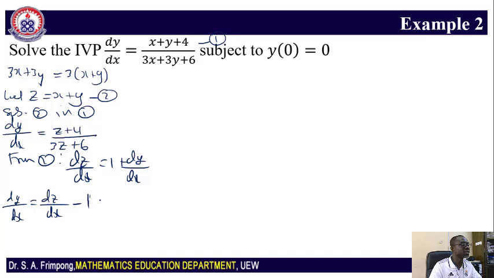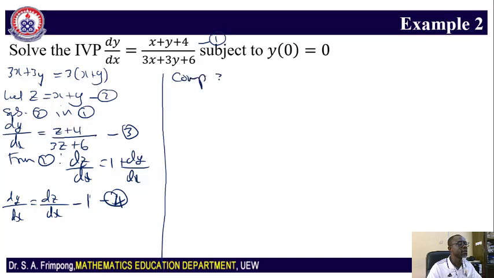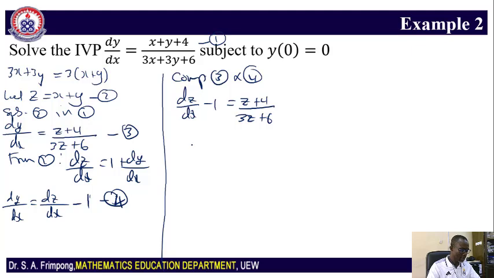Let me call this one 3, and this one 4. If you compare 3 and 4, you have dz/dx minus 1 equal to z plus 4 over 3z plus 6. If you simplify, you are going to get dz/dx to be equal to 4z plus 10 all over 3z plus 6.